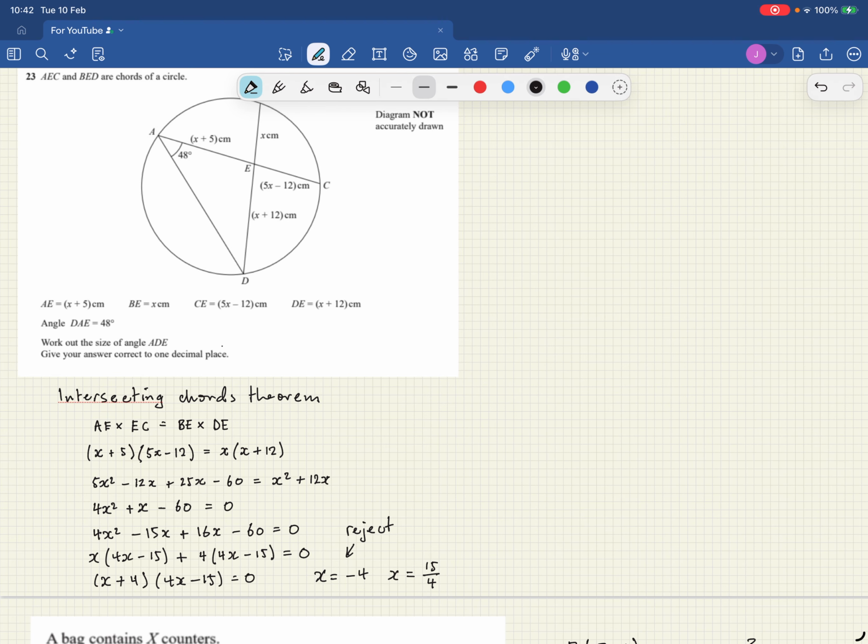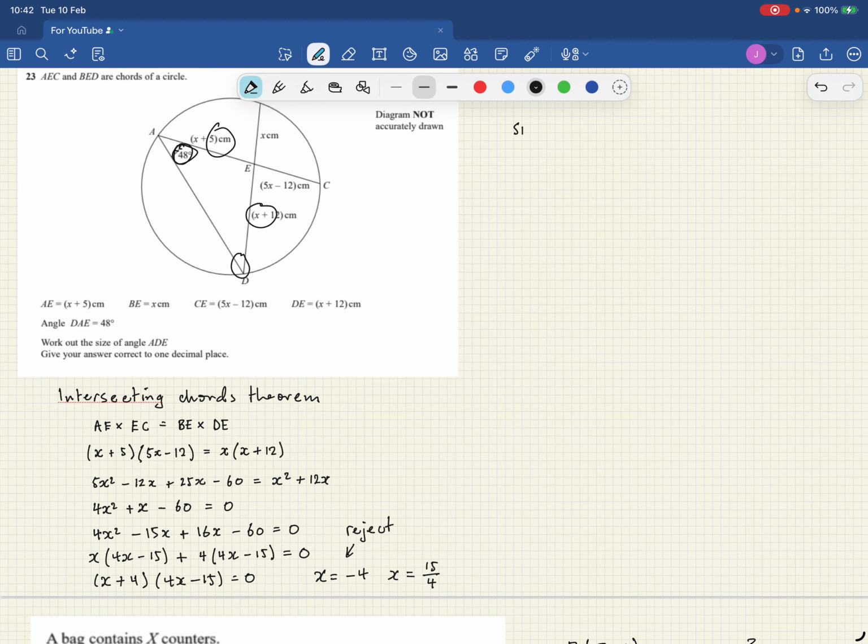So, sine rule. This over this is equal to this over this. And that I'm going to write out. So, the sine of this, I should say. It's always the sine of the angles.